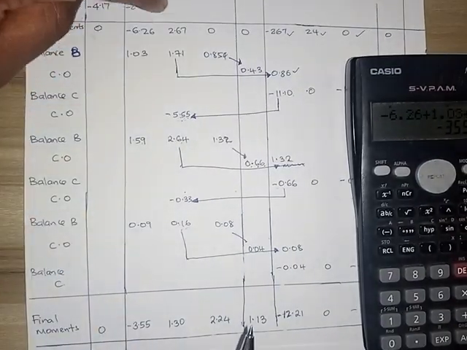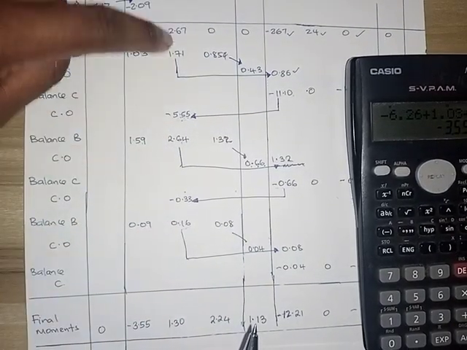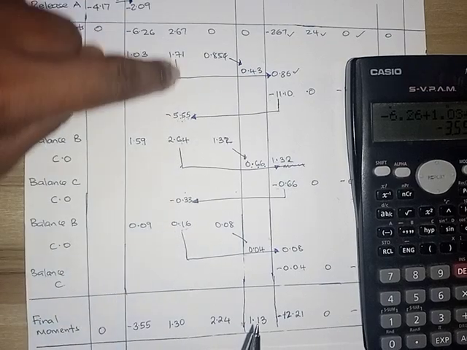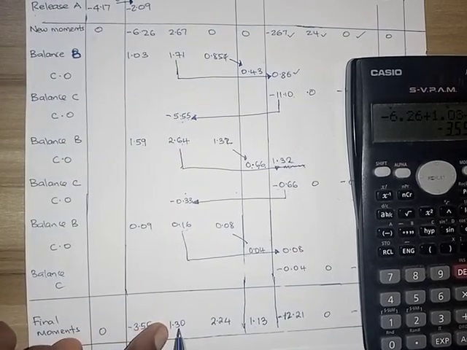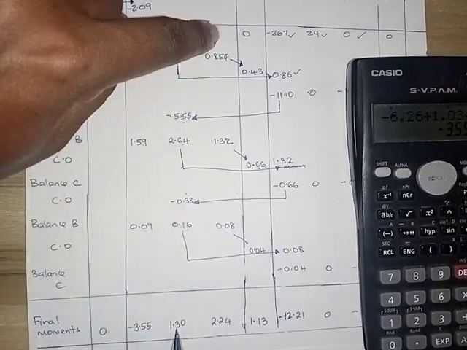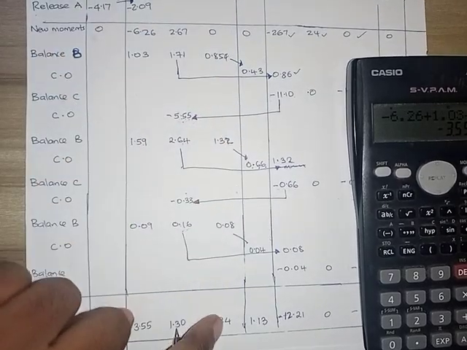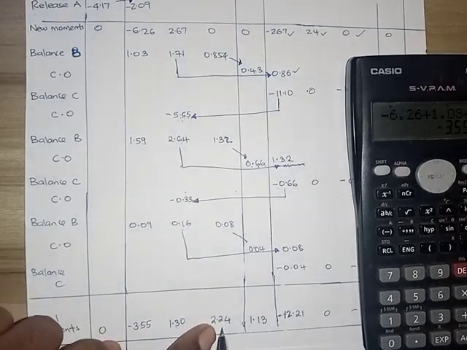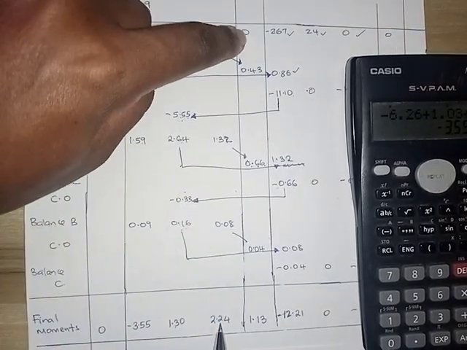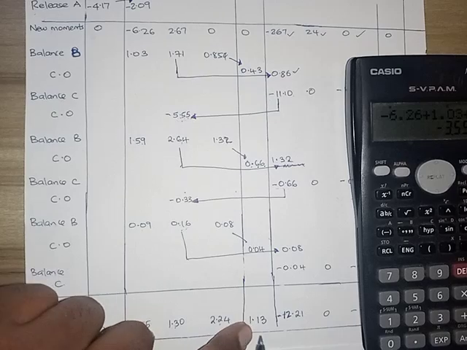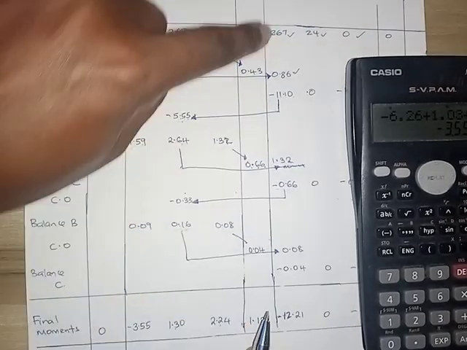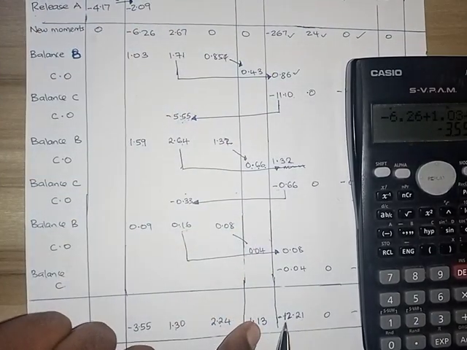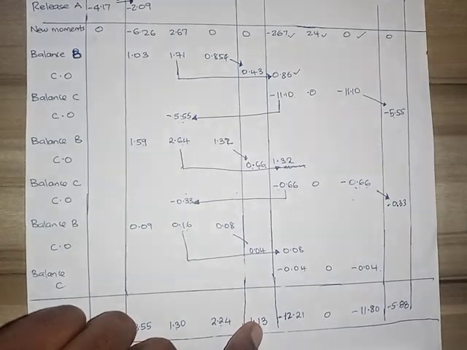So you do the same, you add all these values in this column. If you are accurate, you'll get 1.30. Again, you add all this from this line here going down, you get 2.24. Again, you add all this, you get 1.13. Again, if you add all this, you get negative 12.21.